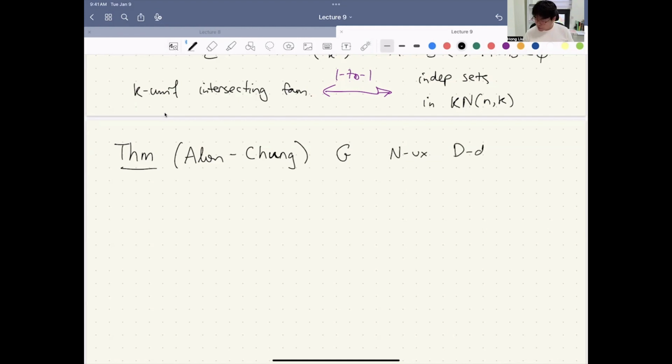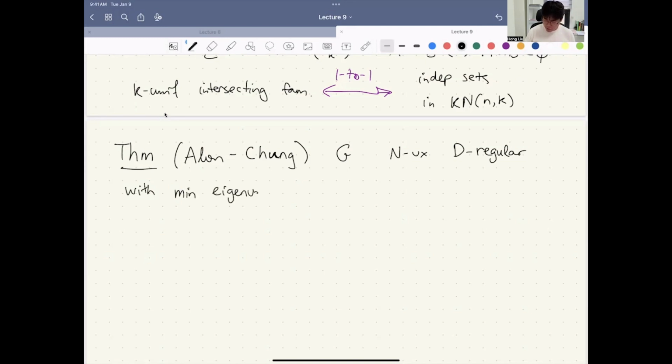This graph is regular, so every vertex has degree capital D, D-regular, with minimal eigenvalue.